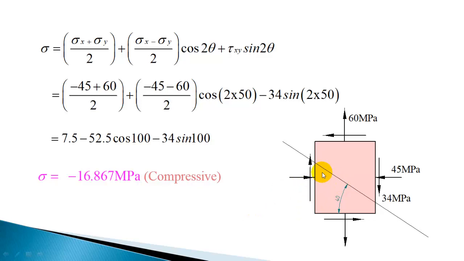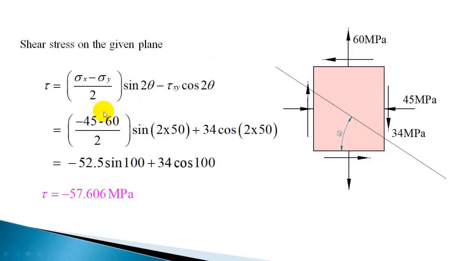Now to find out the shear stress acting along this plane, you can use the shear stress formula. Tau is equal to sigma x minus sigma y by 2 sin 2 theta minus tau xy cos 2 theta. Substituting for sigma x and sigma y, get minus 45 minus 60 divided by 2 sin theta is 50 sin 2 into 50.